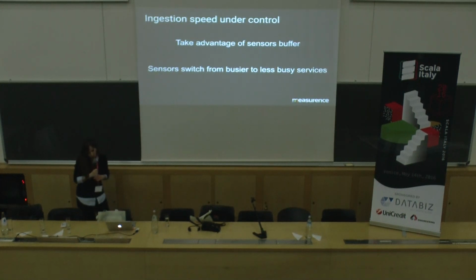But what can we achieve by implementing back pressure on the network and keeping the ingestion speed under control? Well, think about the situation in which sensors are sending data at a rate that's not sustainable for the downstream components of the service.